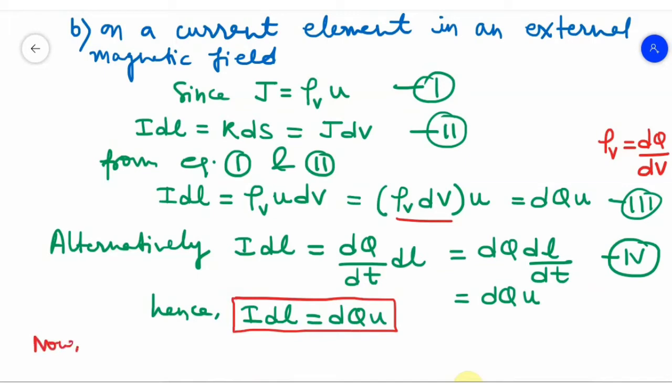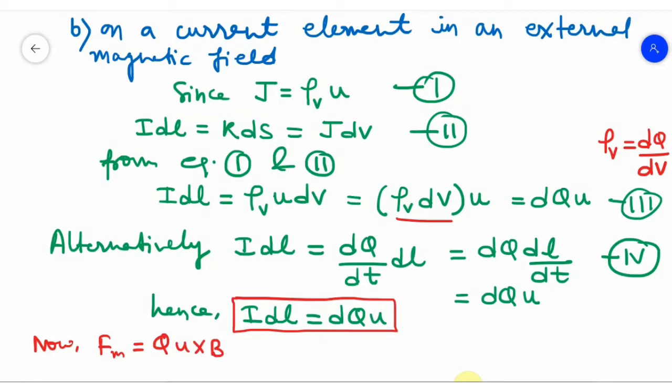Now we have one relation which we proved just now, or we know it: Fm equals q u cross B. Now IDL equals dq into u, that is charge multiplied by velocity. So for the differential charge, q into u can be replaced by IDL.